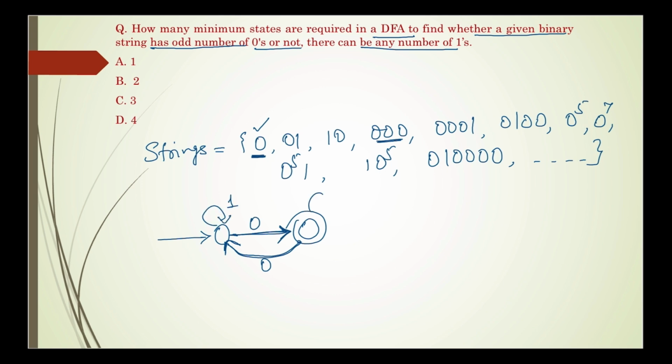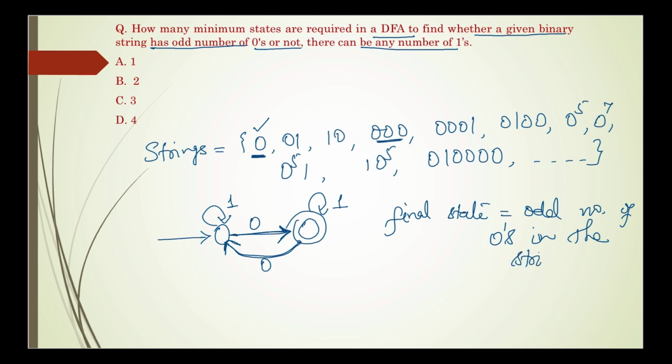And since there is no restriction on 1, we can apply the self loop here. So when you are reaching the final state, it means you have odd number of zeros in your string. Odd number of zeros in the string. So how many states will be required? 2 states. So correct answer is B.